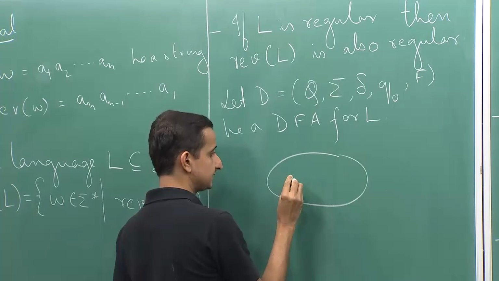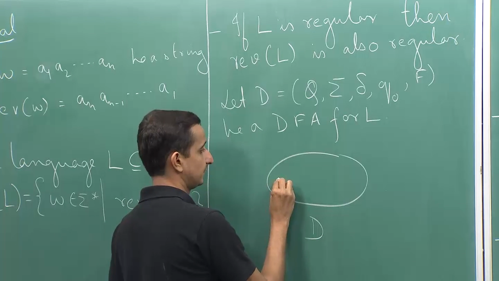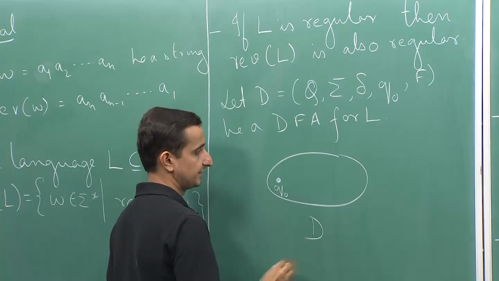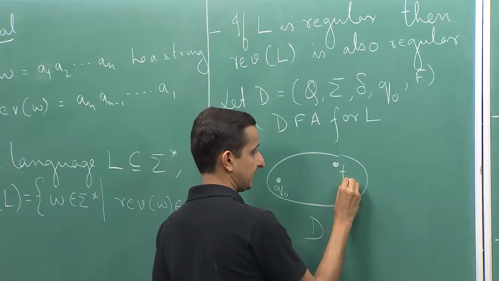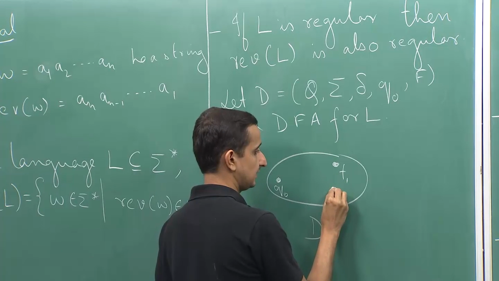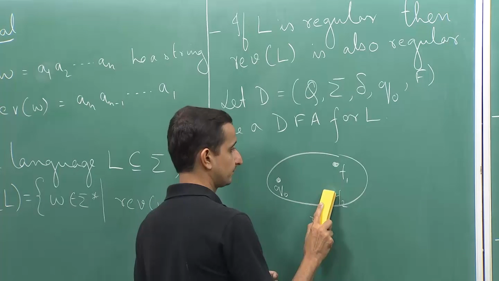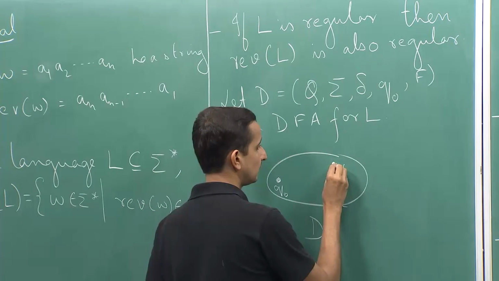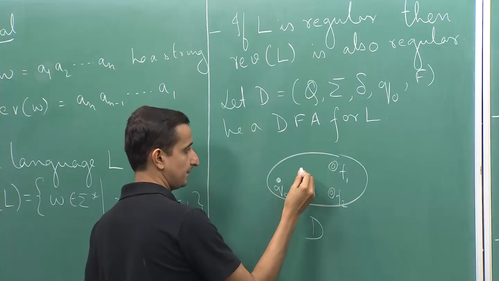So, let us say this is the automaton D that we have. Okay. So, we have the start state Q0, maybe this is an accept state F1, this is another accept state F2. Okay. And maybe we have other states.